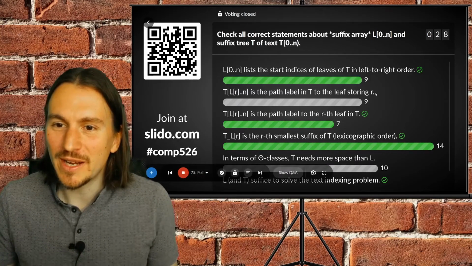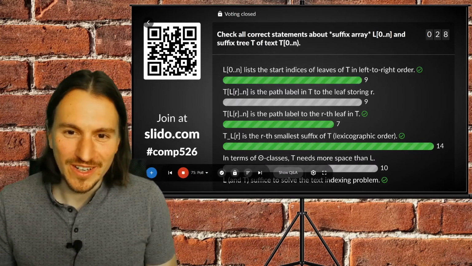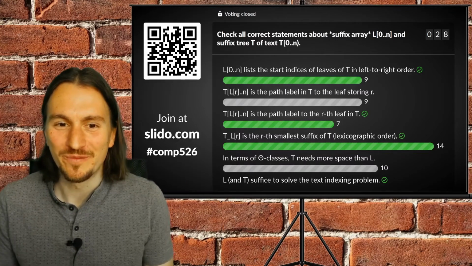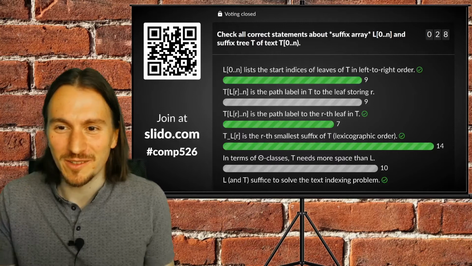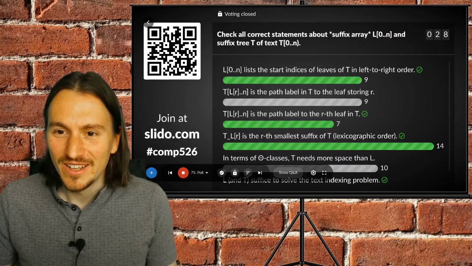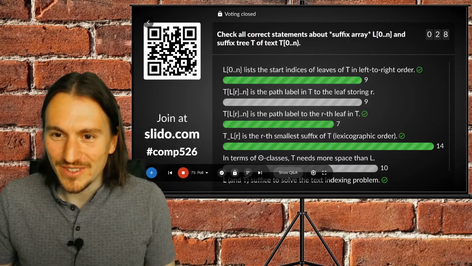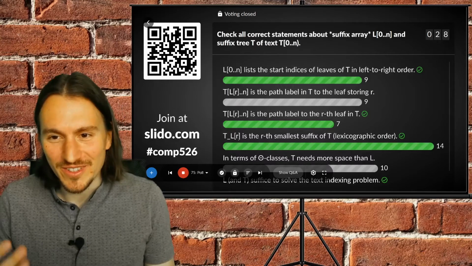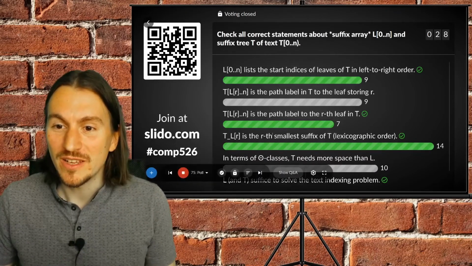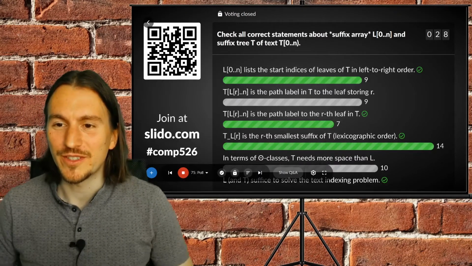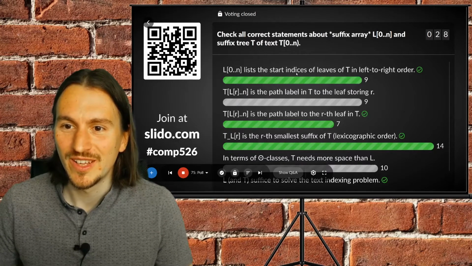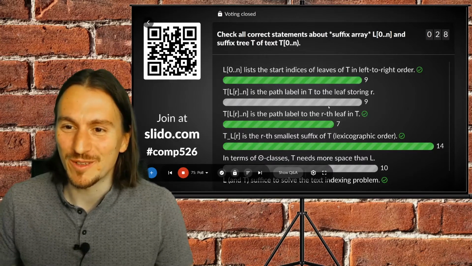The leaf storing R, well, that's the suffix starting at position R. That's a different beast. These can sometimes be the same, but they are not in general the same. A different way of saying this: the suffix of T starting at position L of R is the rth smallest suffix in lexicographic order. That is correct. That's the same as the first statement if you want.